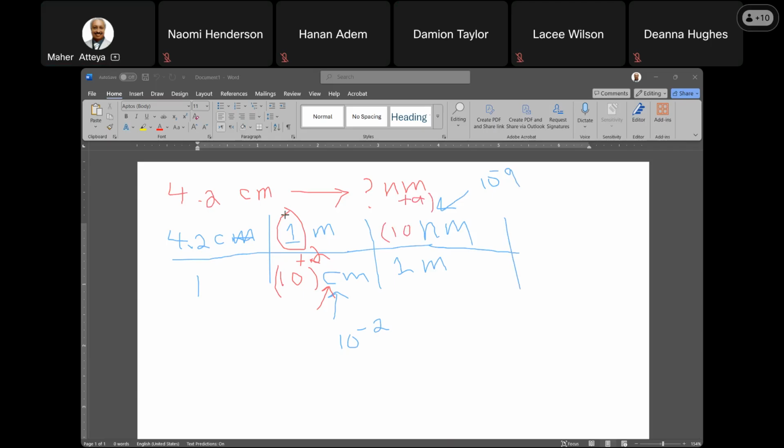Now I have to cancel the units. If I have centimeter, meter, the meter cancels, and the only one left for me is the nanometer, my unit. So this one will be 4.2, and it's cancelled.